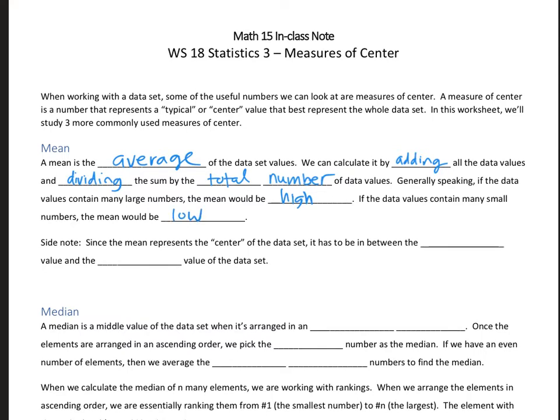Okay, side note: since the mean represents the center of the data set, it has to be between the lowest value and the highest value. What it means is if you're getting A's and C's on your quizzes, your mean has to be somewhere between A and C. So your mean cannot be D, which is kind of not fair, right? You're getting A's and C's, how is your average to be D? So the average has to be between the lowest and highest number.